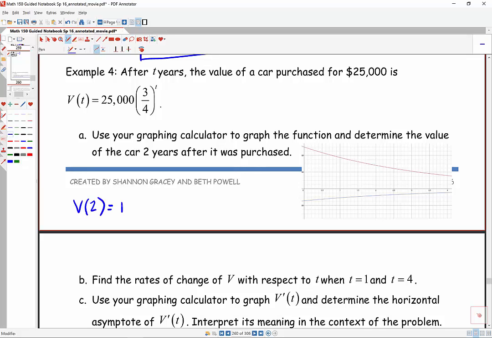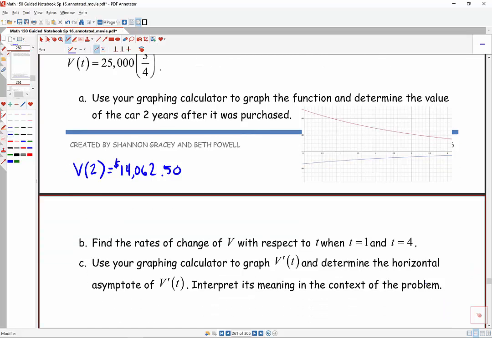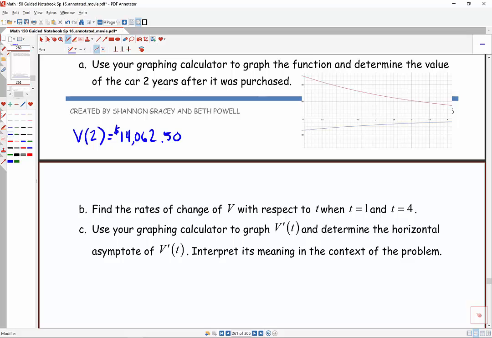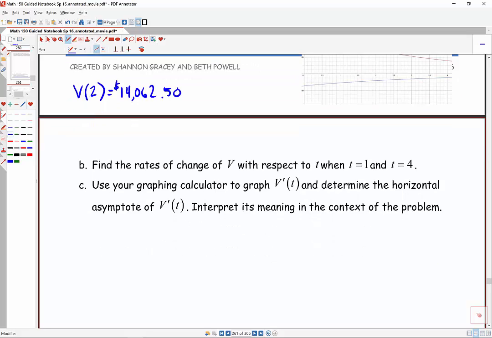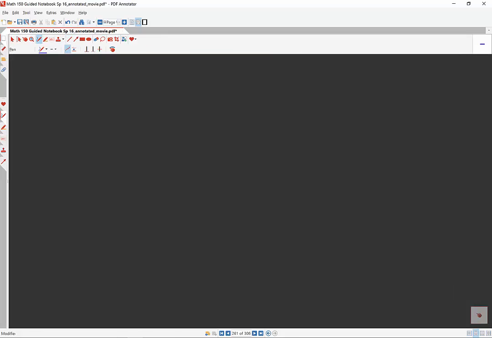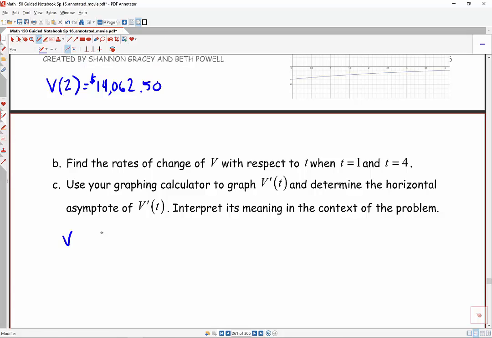All right, so now we want to find the rates of change of the value with respect to time when t is 1 and t is 4. The change of the value with respect to time, we just did that on the calculator. So we'll just do v prime at 1.